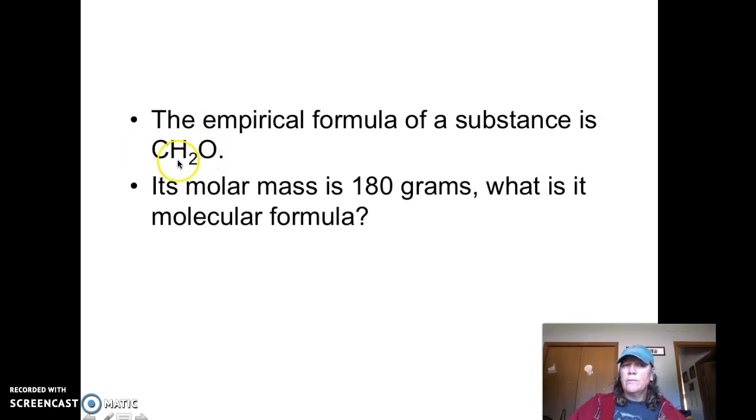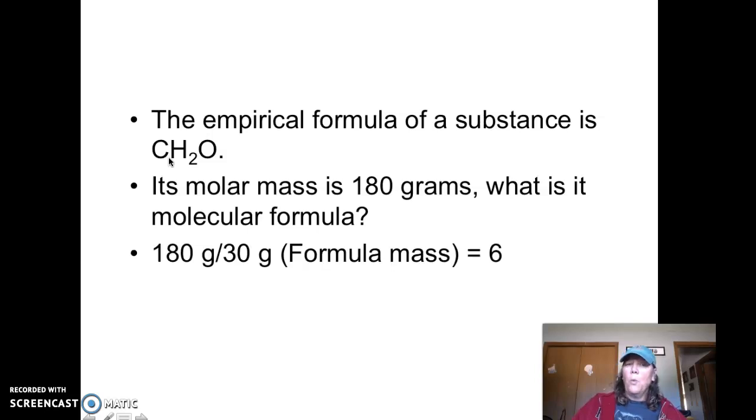We've got 12 plus 2 plus 16. The formula mass of this is 30. So 180 divided by 30 equals 6. That's the multiplier, so I multiply all of these by 6. My formula would be C6H12O6.